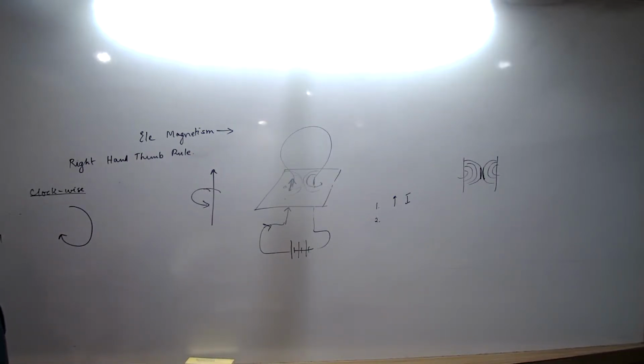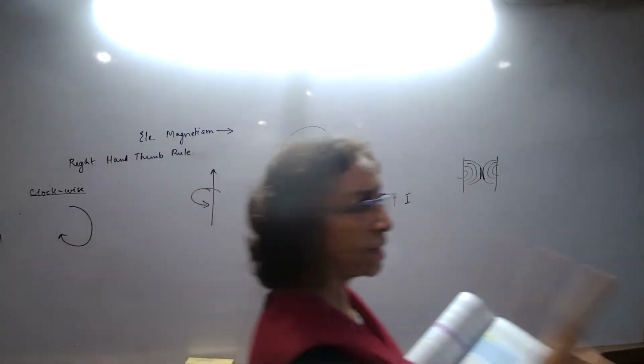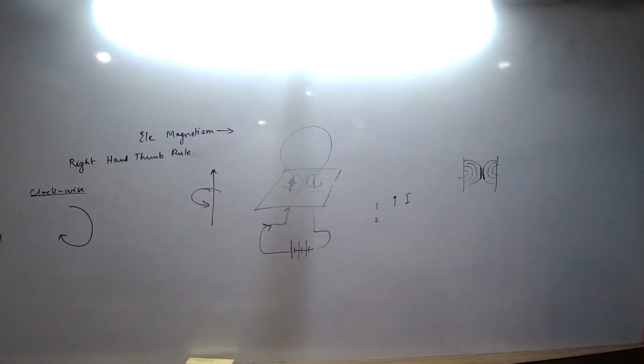We're talking about the number, whether it is 5 or 10 or 20 or whatever it is. The field produced is n times as large as that which is produced by a single turn. Whatever magnetic field is produced by one single turn, suppose you are having n number of turns, obviously your magnetic field will increase n number of times.